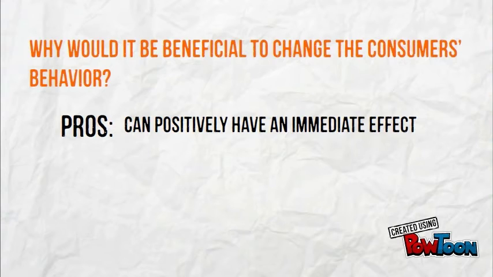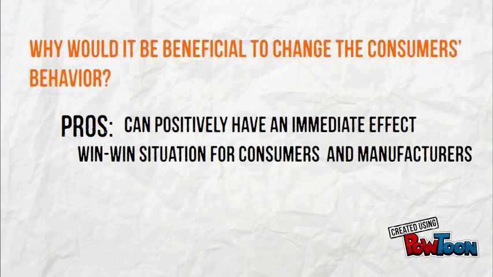If it works, not only will the potential customer most likely purchase an electric vehicle, but they can also spread the word to their friends, co-workers, families, and even on social media, which will give good publicity to Tesla Motors and at the same time facilitate the shift of behavior. It is a win-win situation for customers and manufacturers.